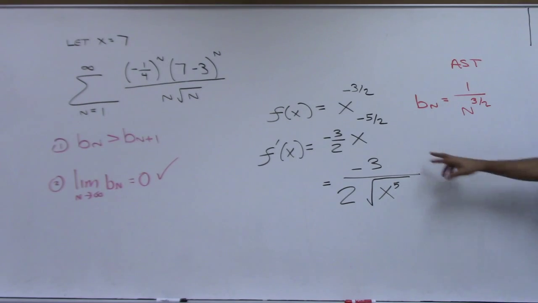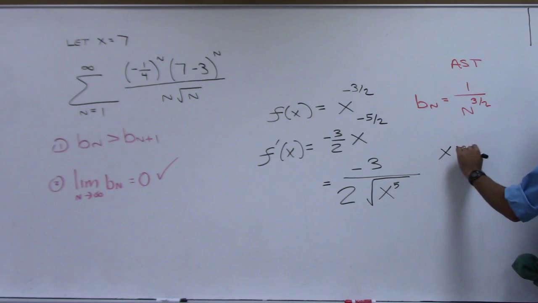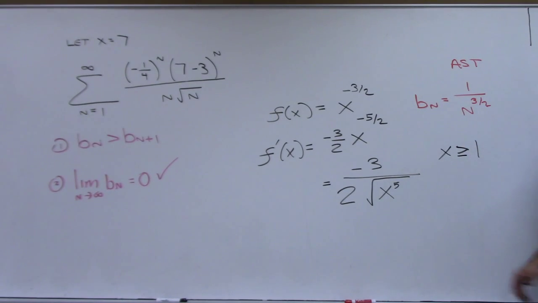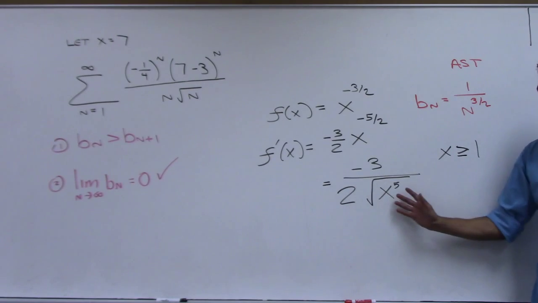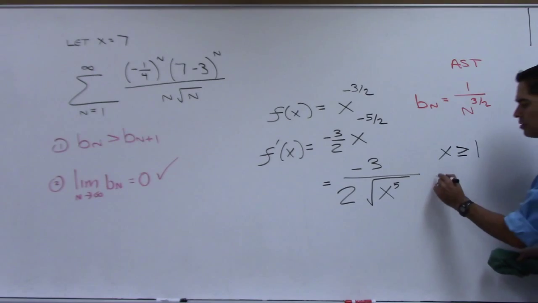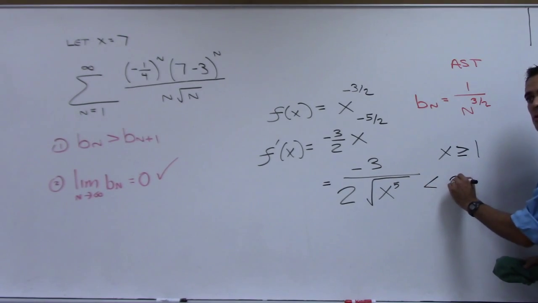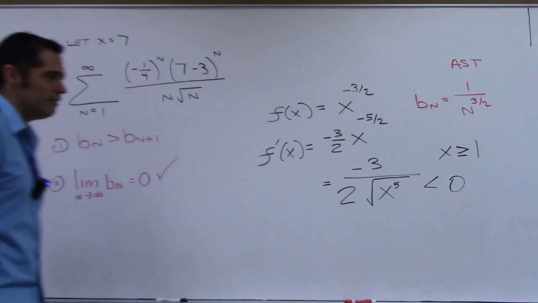That's what that means. And if you're plugging in values of x that are bigger than or equal to 1, do you agree that the bottom is positive? That's always positive? And that right there is negative? And so this ratio is always less than 0, which shows it's decreasing. You could have done it with the inequality. I was just having fun with the derivative.